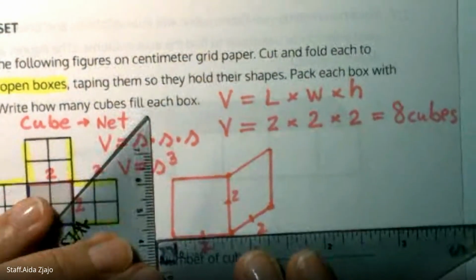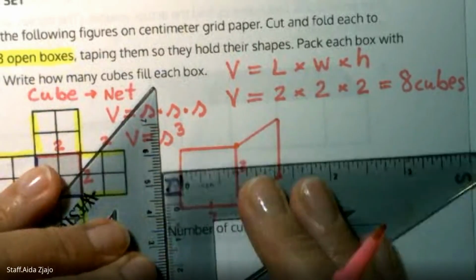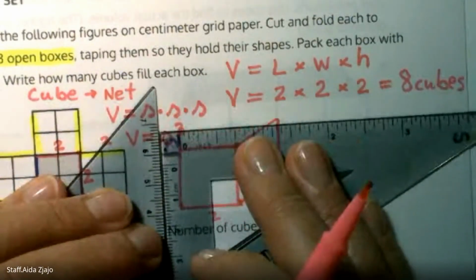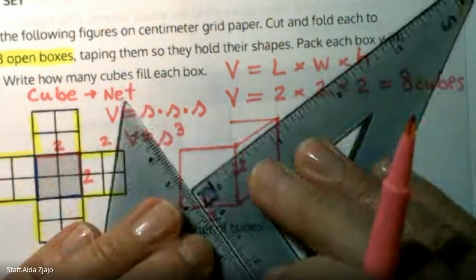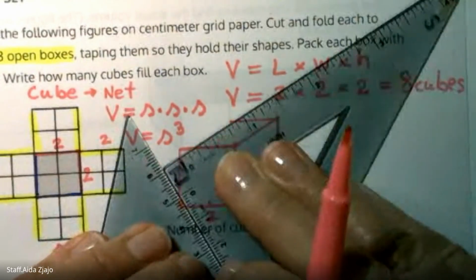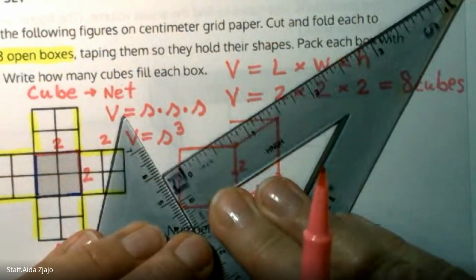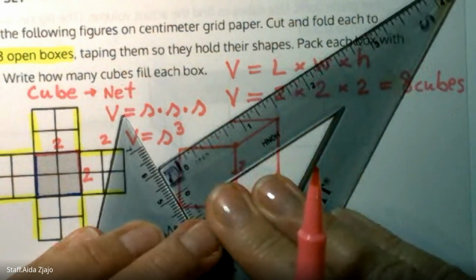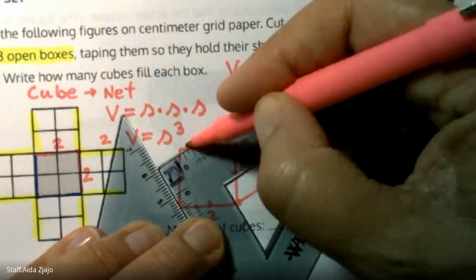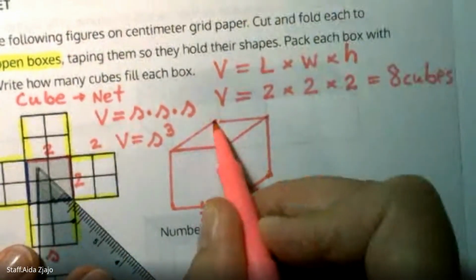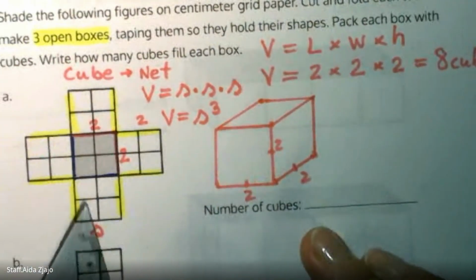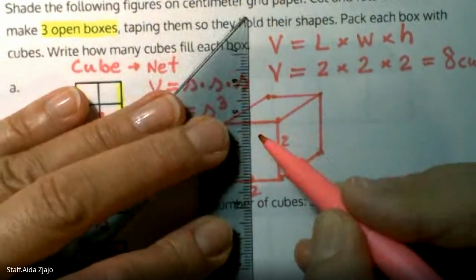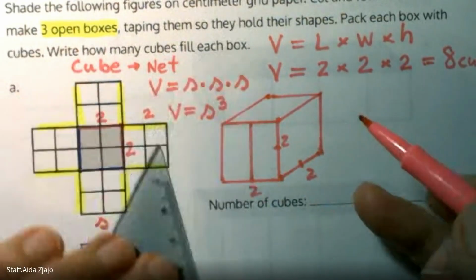So if we go into parallel lines, it would be approximately like this, all right? So this is that cube, but it's really built of 8, 2 of those.